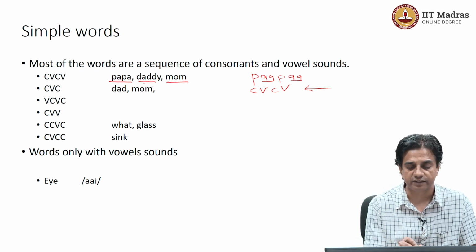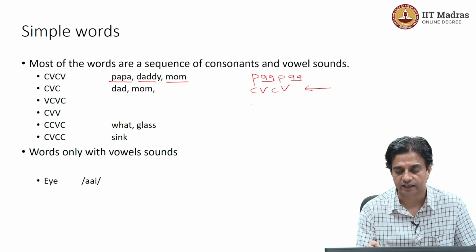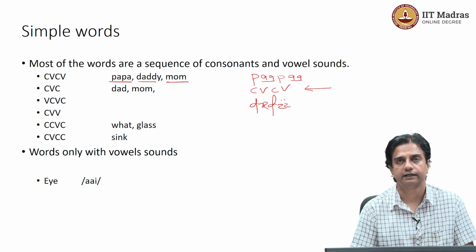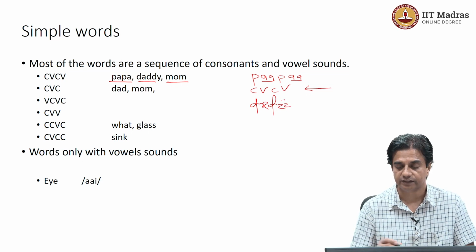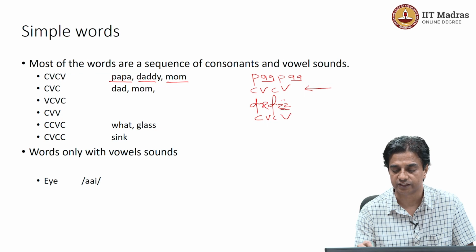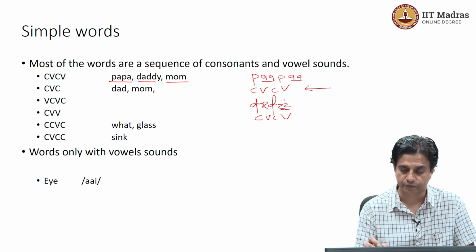When you look at the word daddy, you see the sounds are da, a, da, e, daddy. So this is again a sequence of consonant, vowel, consonant, vowel. As you know, this is long E. And when you look at mom, you can have mommy.